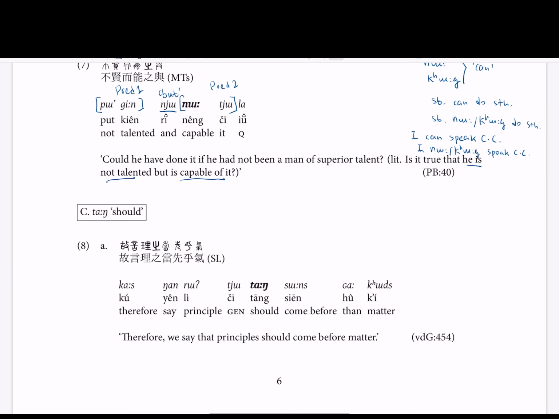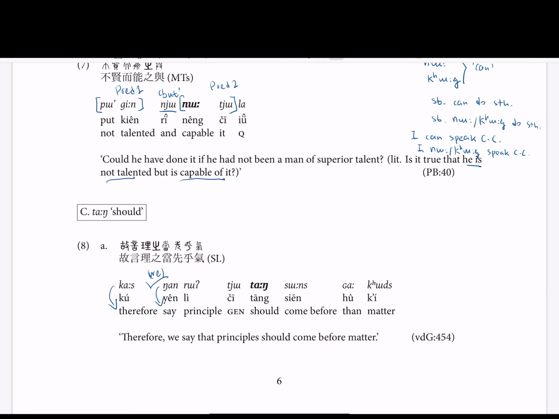beginning with the sentence in 8a. Gas ngang ru tu dang suns ga kuz, or in modern Chinese, 故言理之当先胡替. Okay? The English translation of the sentence is, therefore, we say that principles should come before matter. As for the structure of the sentence, gas means therefore, ngang means say, its subject, we, is omitted.